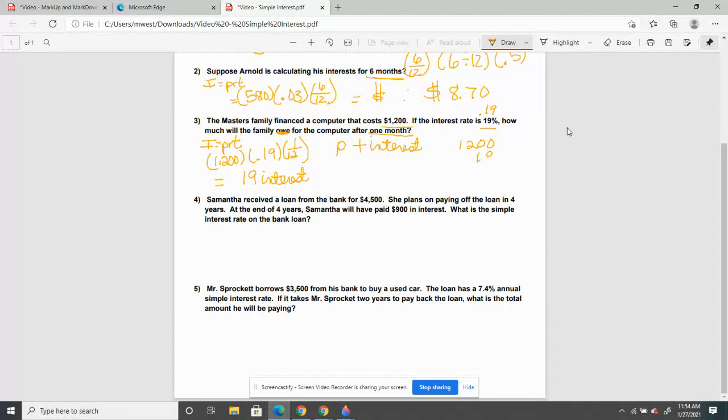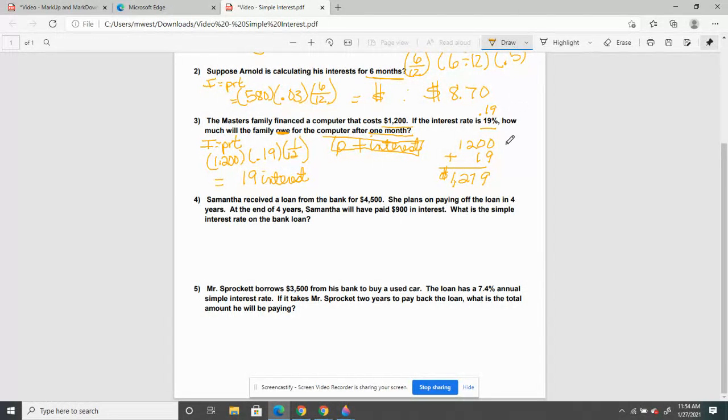Our interest was $19. So the amount that we're going to pay after the first month, oops, let me erase that, I can't add, is $1,219. So remember that what you owe is the principal plus the interest.